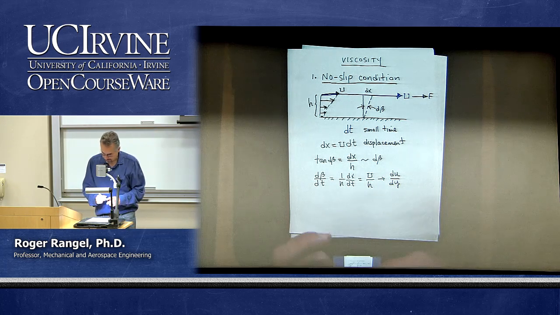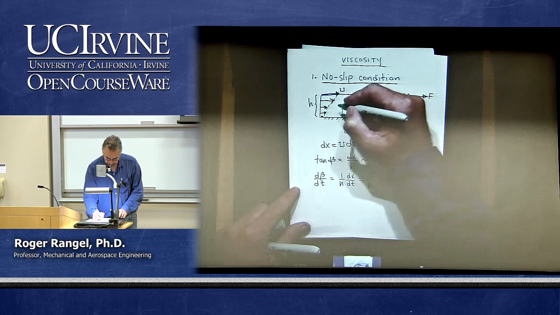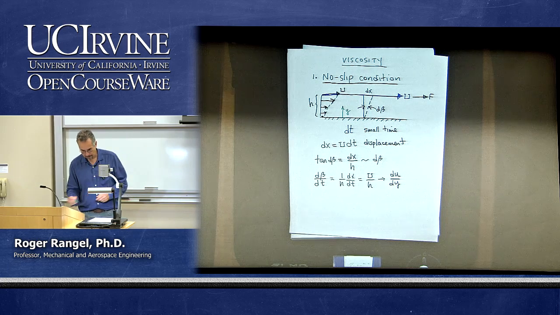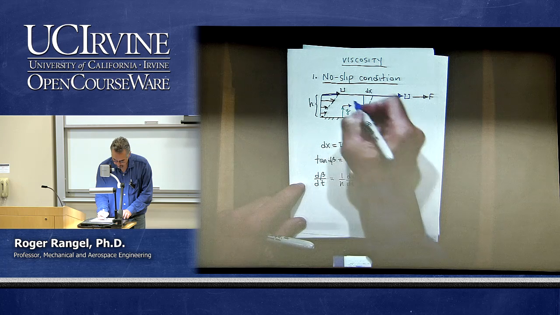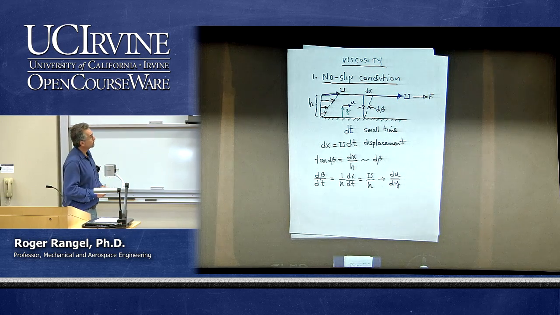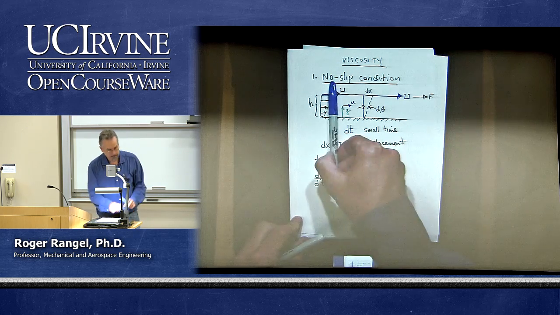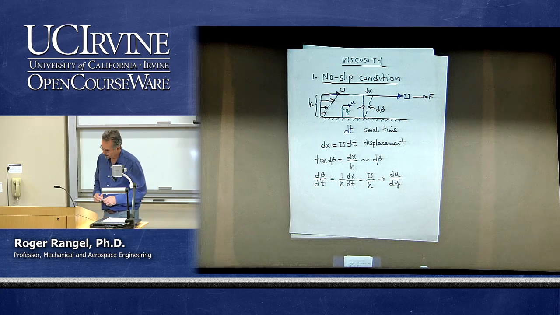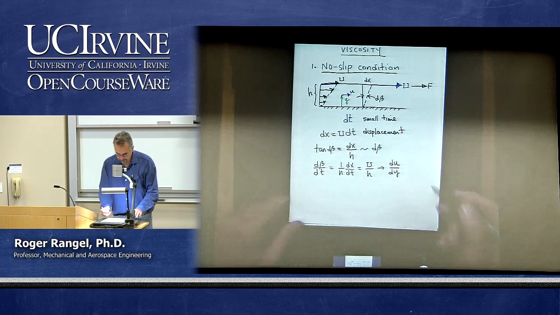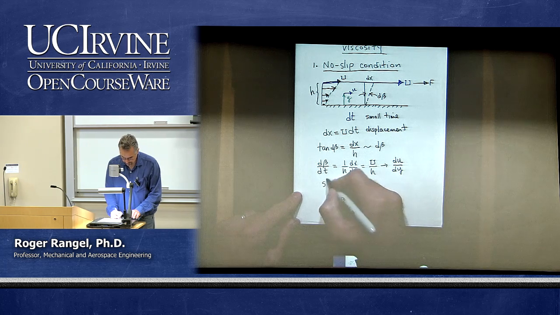So if I say that I am measuring the y coordinate from the bottom up, so this is y, and then lowercase u is the fluid velocity at that point, then an approximation to the derivative, of course, would be the value of the velocity at the top plate divided by the gap. So I can say that that's du/dy. And this is an important quantity in fluid mechanics because this is what we denote as the shear strain rate. So let me write that here.